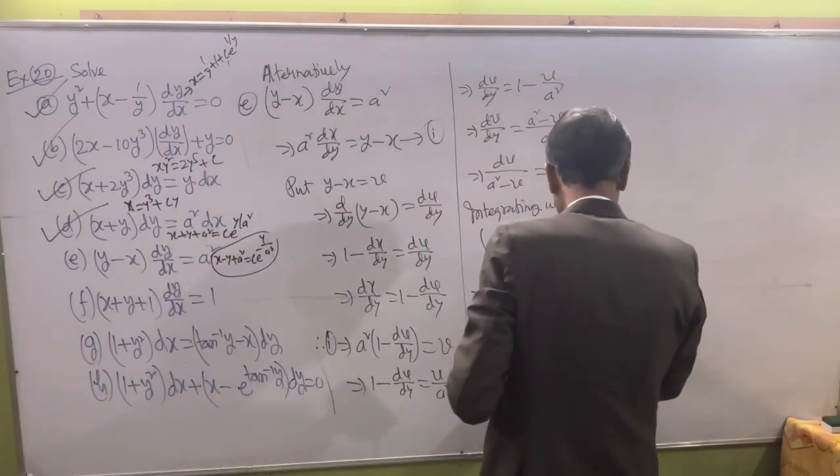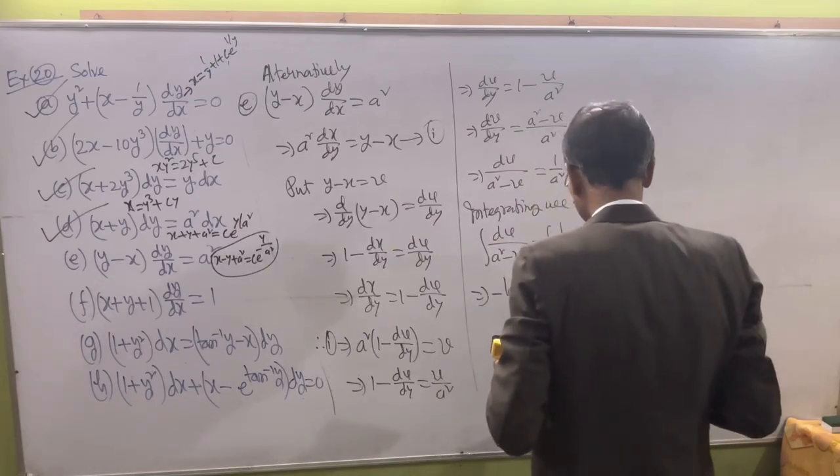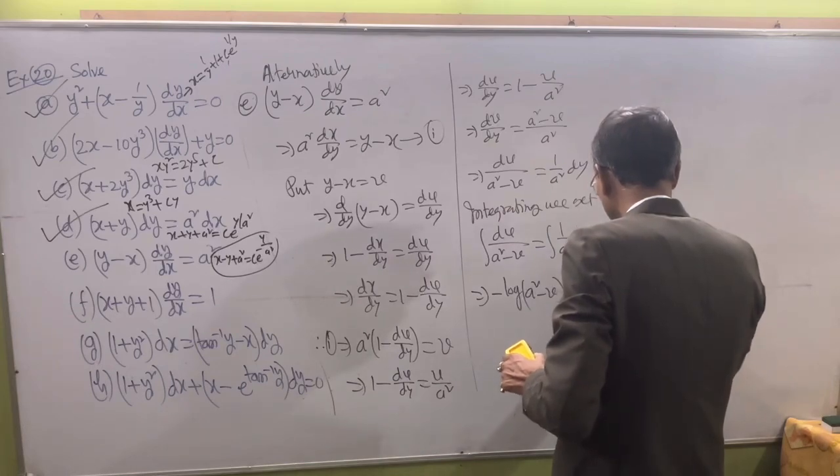This is equal to y by a square plus log mod c, write minus log of c.